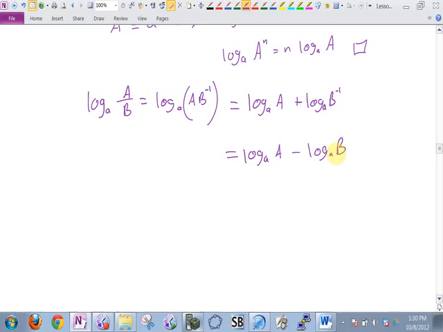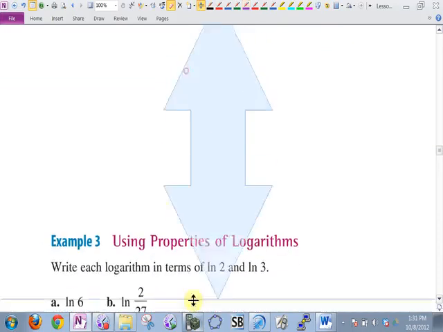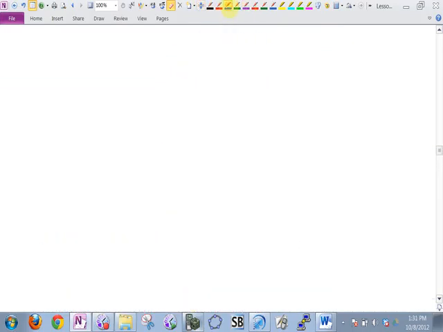Heck, while we're at it, how about we prove the change of base formula as well? Sound good? This one won't be a formal proof. This will be pretty informal. Let's take the equation 3 to the x equals 10. What power of 3 gives me 10? 2 point something, right?